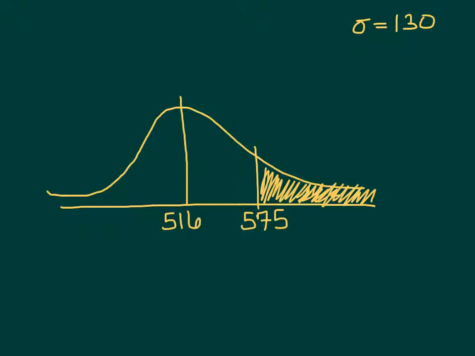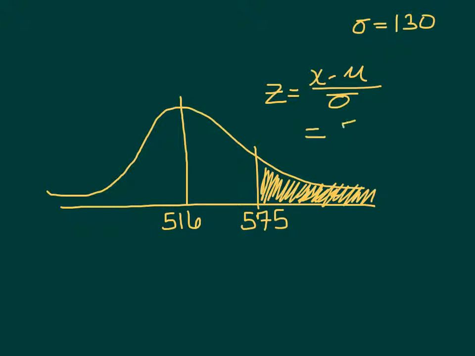So now, in order to use this bell curve, I need to get into standardized form. I need to get into units that I can use in order to use the bell curve. And those units are z-scores. So I need to convert these numbers into z. How do I do that? I use my z formula. So, for z, I use x minus the mean over the standard deviation.